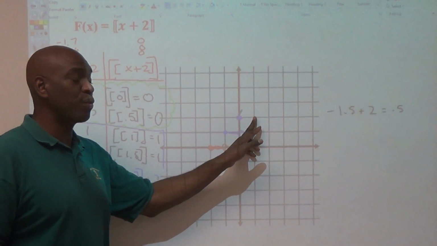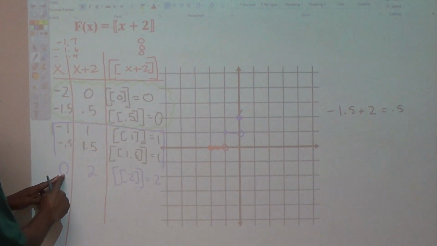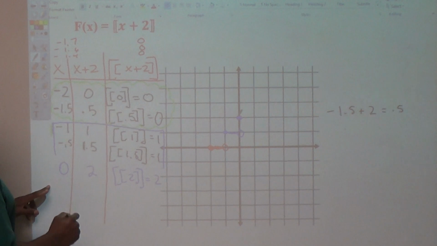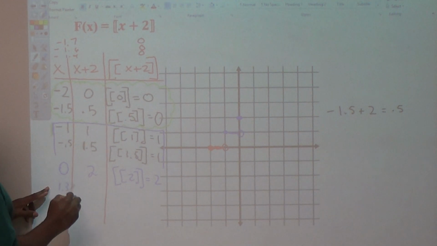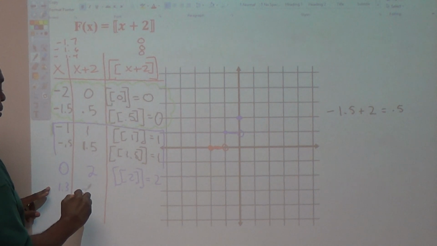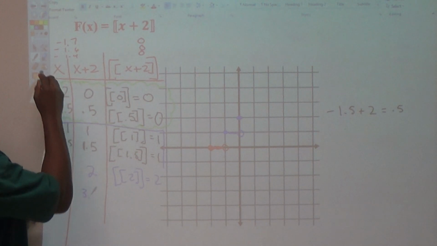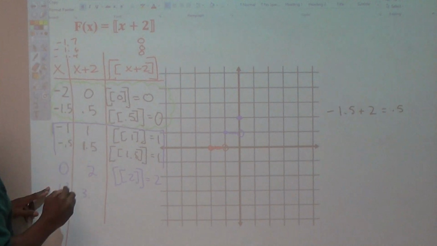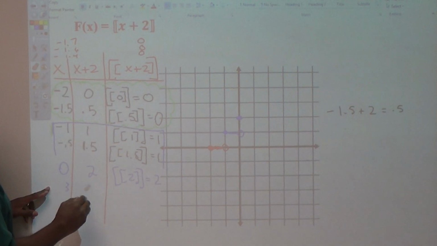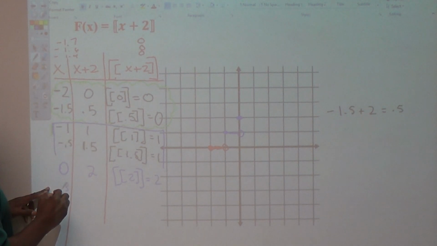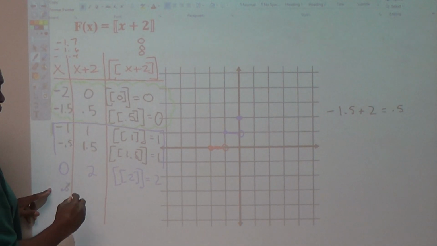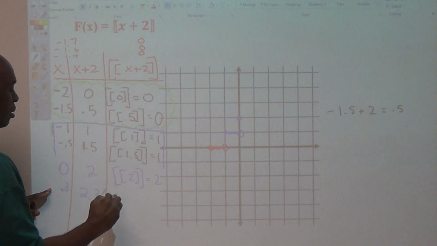Now, let's make our way over to 1, because we had 0 right now. Let's look at 0.3. Pardon me, not 1.3, 0.3. Take 0.3 and plug it in. What do we get? 2.3.